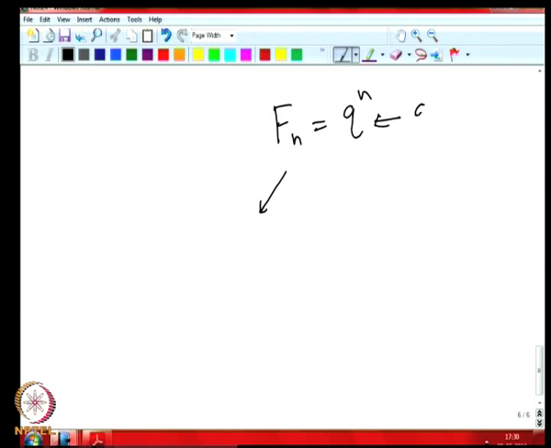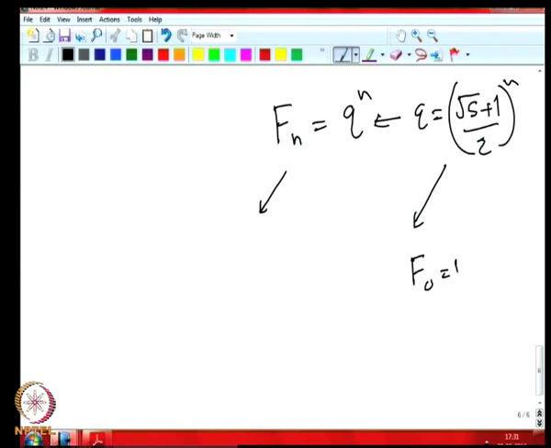For q to the power n, with q equal to say (root 5 plus 1) by 2 whole to the power n, when I put n equal to 0 we are getting only f0 equal to 1, and when I put n equal to 1 we are getting (root 5 plus 1) by 2.